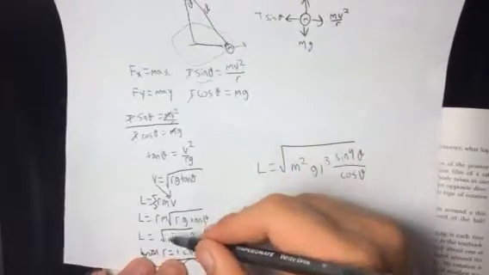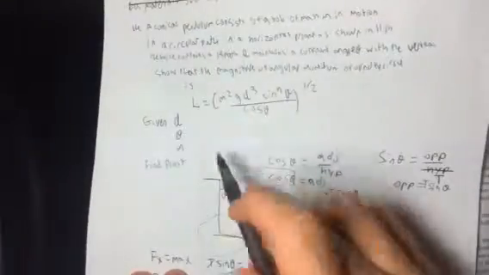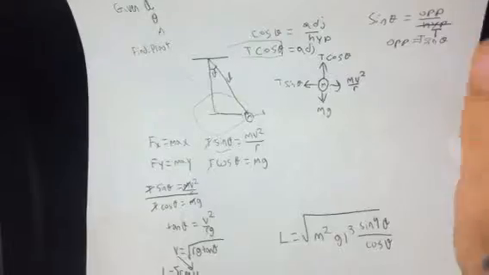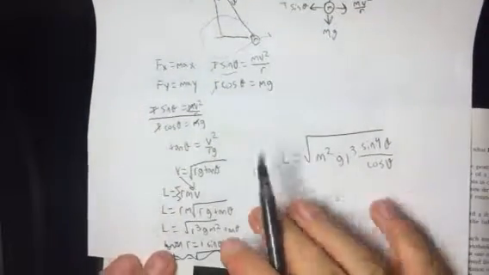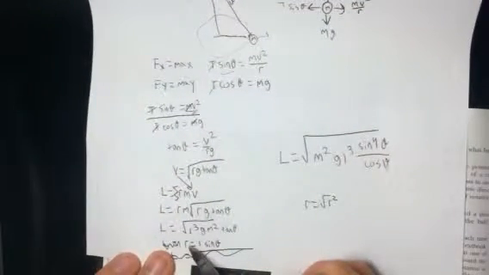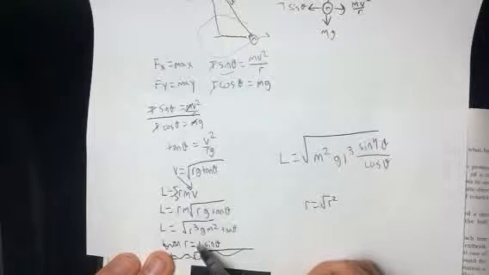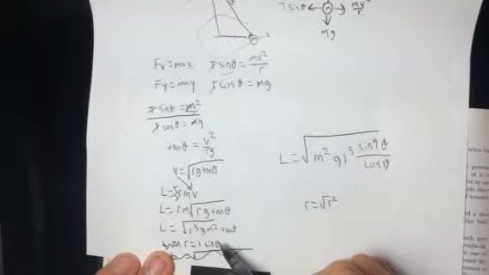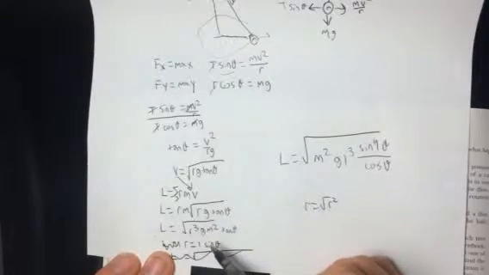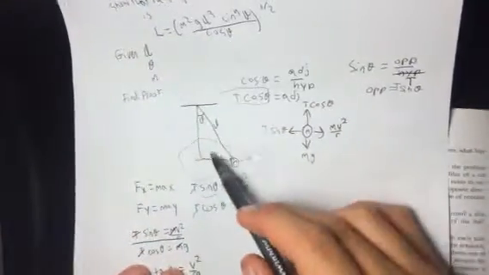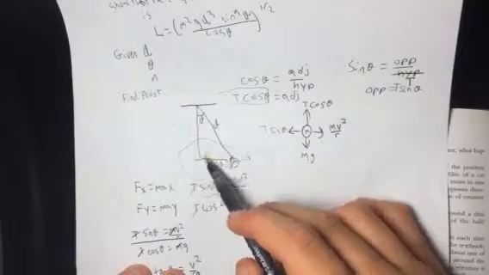But here's another problem. This r, like I was talking about earlier, that's not part of the given. So we need to make another relationship. And the relationship is that r is equal to L sine theta. So what you have to think about is that the r is just this right here. This is r.